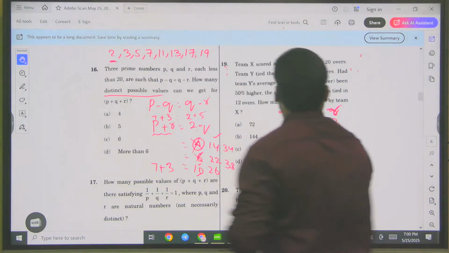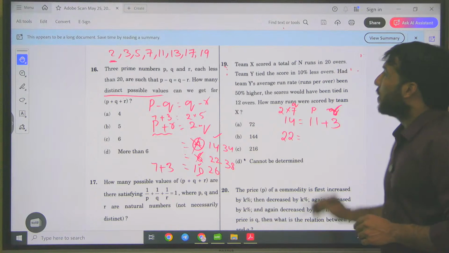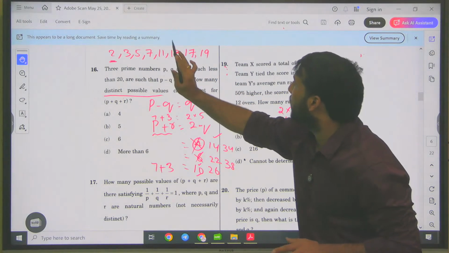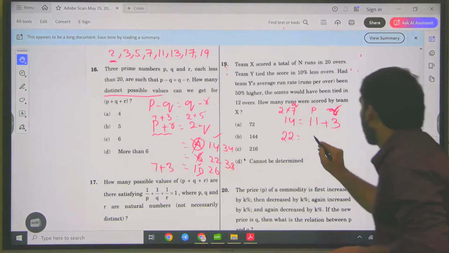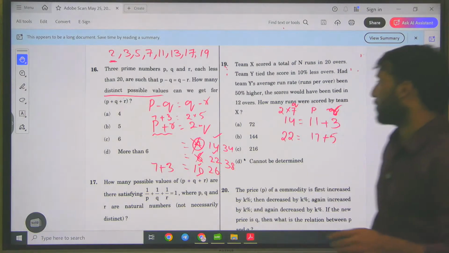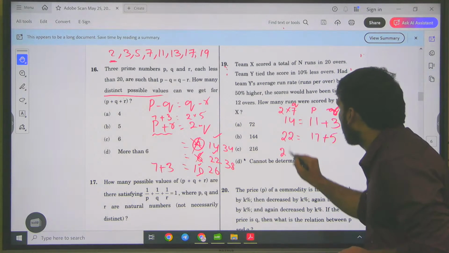Next, 22. 13 plus 7 is 20, not possible. 17 plus 5 is 22, so this is one possibility. Yes.